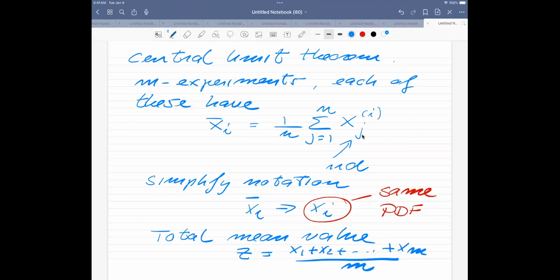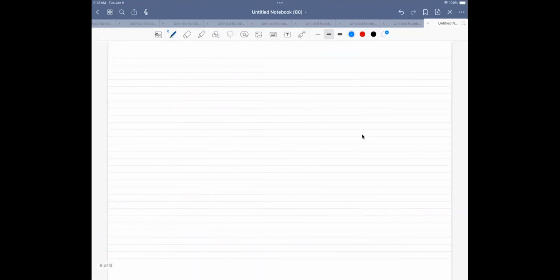So the question which we ask then is, what is the distribution of Z?